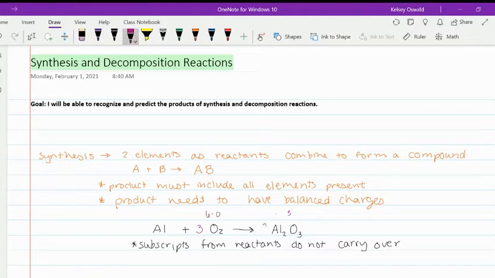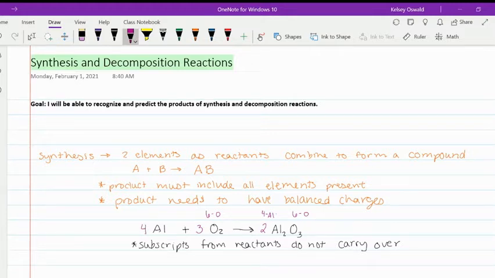And that means we would need 2 of these Al2O3s because if we have O3 2 times, we again end up with 6 oxygens. Okay, so then looking at our aluminums on our product side, we have 4 aluminums, which means we also need 4 aluminums on our reactant side. So we need 4 Al.